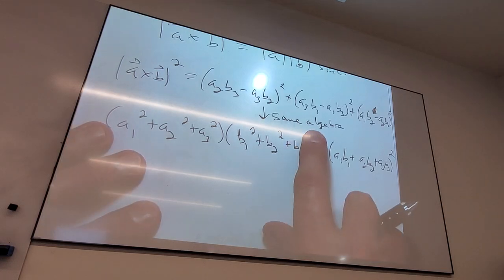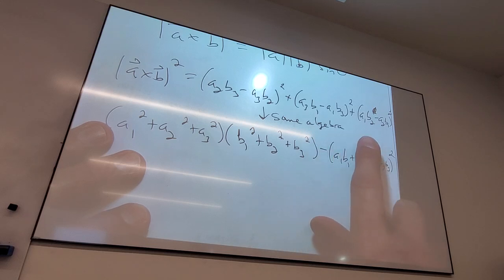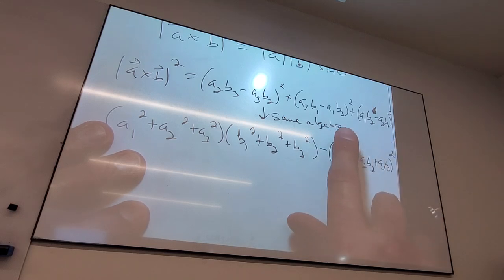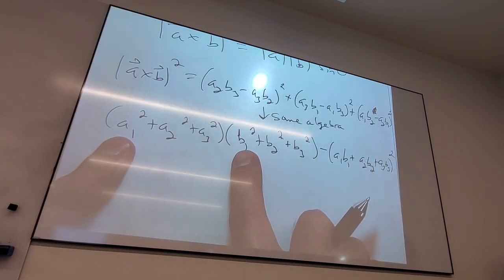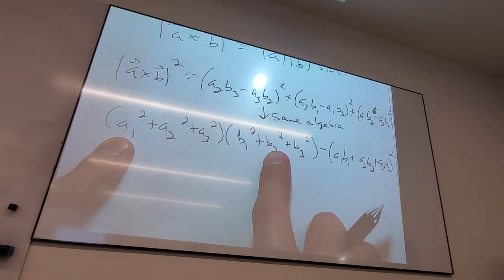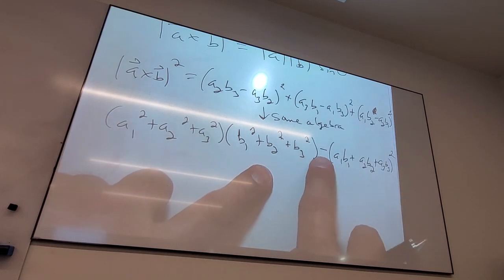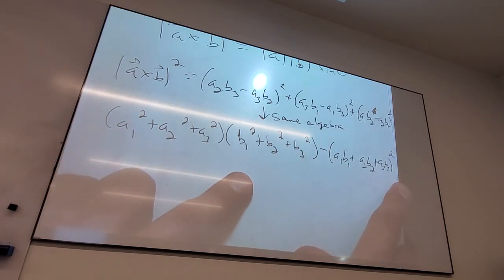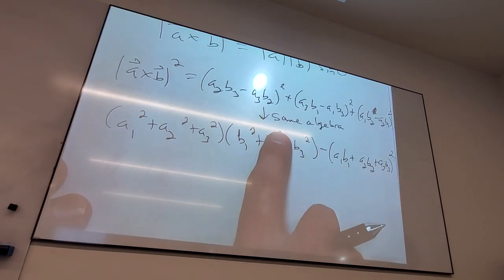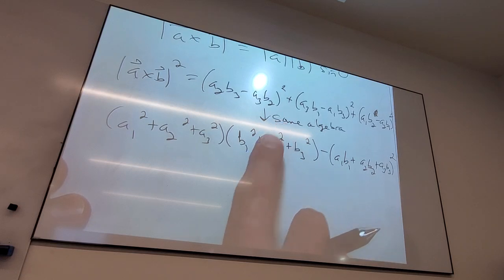So what you get right here, like here you get a1 squared b1 squared plus a1 squared b2 squared. a1 squared b2 squared would come from right here. And this would involve some adding, subtracting the same version and so forth. So this step here is about 4 or 5 steps.